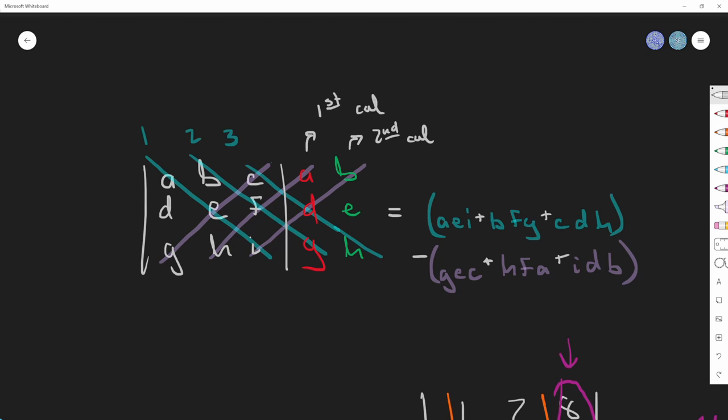So if we were to have this minus sign distributed, actually let me use a different color, we will just have a negative GEC, negative HFA, then negative IDB. And of course, some of these can be positive if there is a negative number involved, but that's just very situational. In this case, each element here is just any real number.